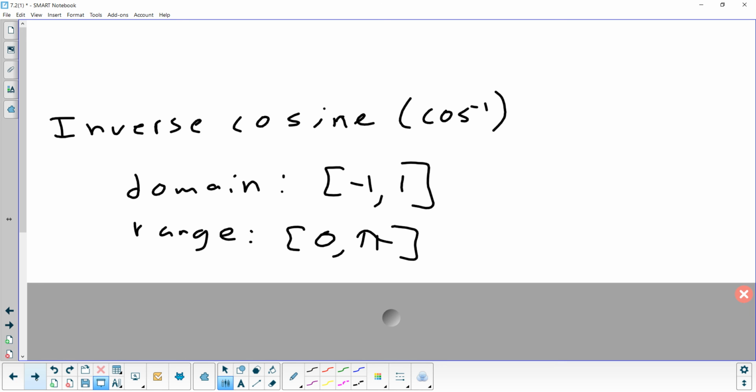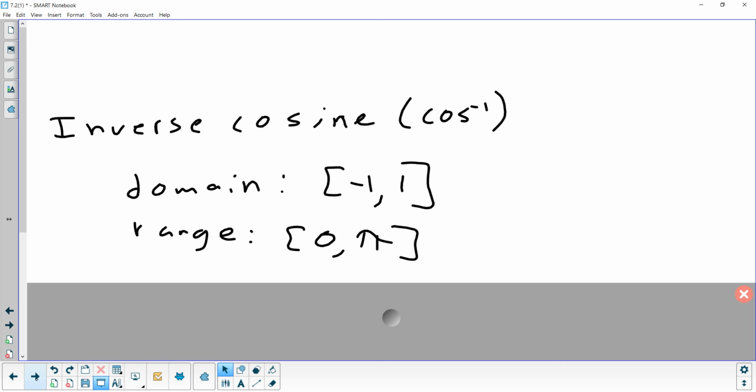If you go back and look at the original, cosine has a range of negative 1 to 1. Well, the range of the original turns into the domain of the inverse. Okay, so that's what we're going to deal with when we talk about inverse cosine.